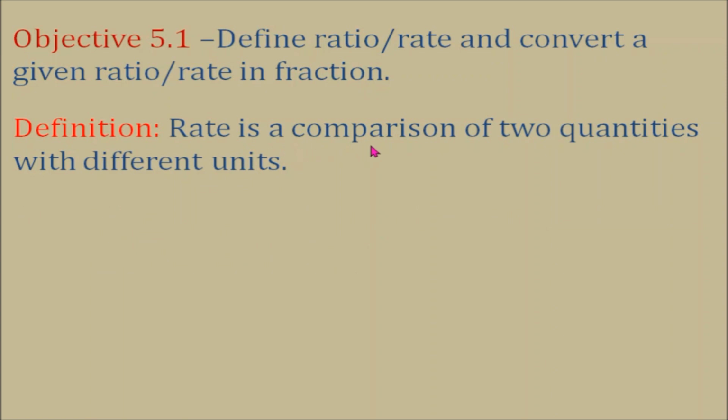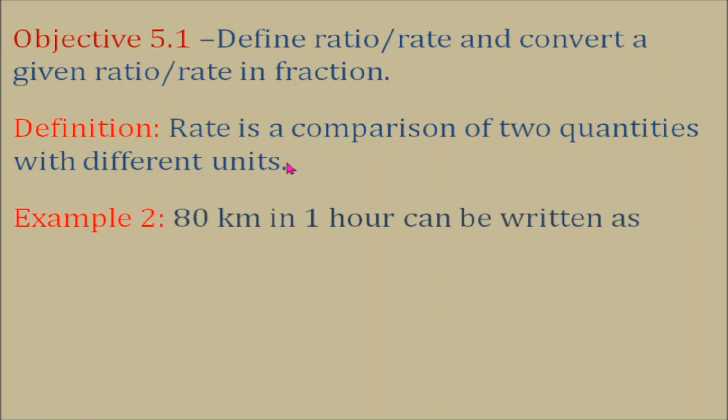Rate is a comparison of two quantities with different units. Example number 2. 80 kilometers in 1 hour can be written as 80 kilometers over 1 hour, or 80 kilometers per hour. Notice here that the units are not cancelled out.